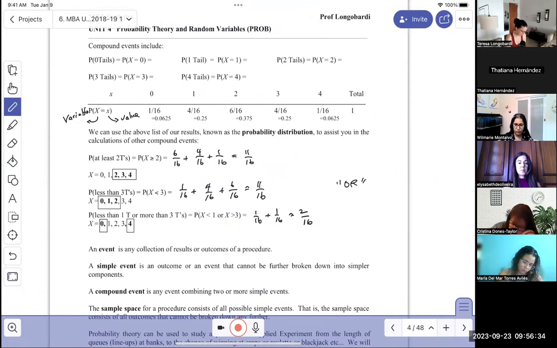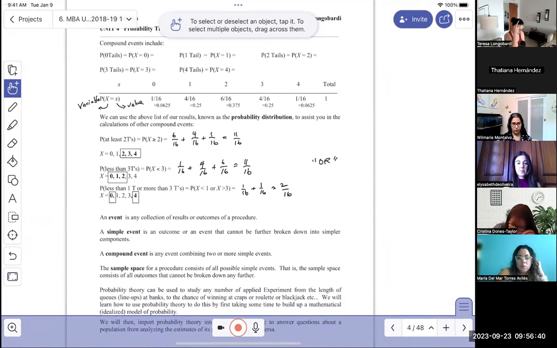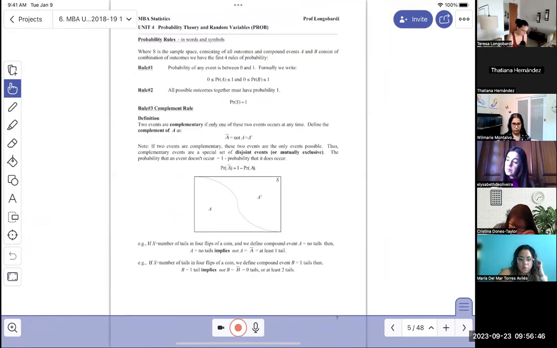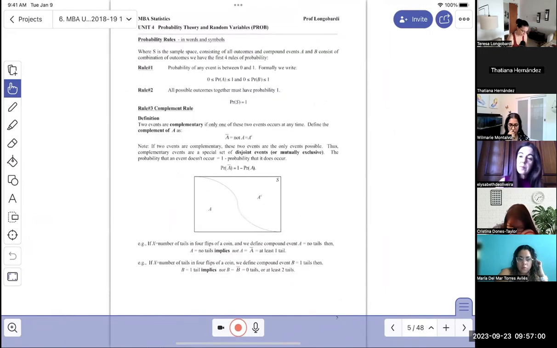Then I have some terminology just to help you read through the notes. And after that exposition, I go through the rules of probability. So are you ready? We're just going to quickly go through the rules that most of them you have intuition for.